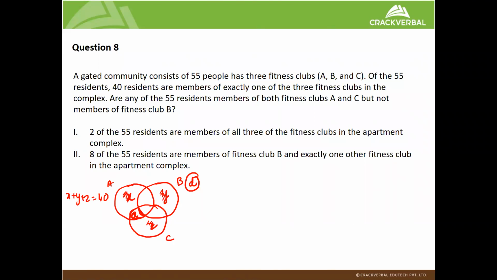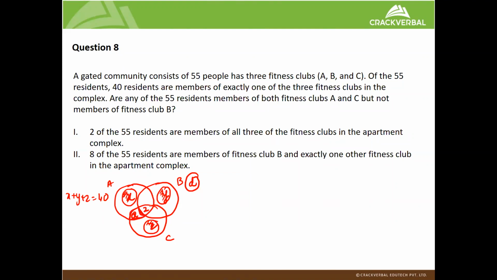So the first statement tells me that 2 of the 55 residents are members of all 3 fitness clubs in the apartment complex. So this intersection region is 2. I already have X plus Y plus Z to be 40. So 40 plus 2 gives me 42. So 42 residents are already considered in the circle. I have a total of 55 residents.